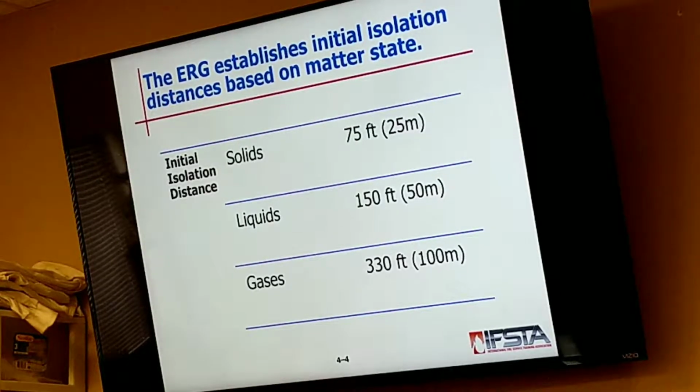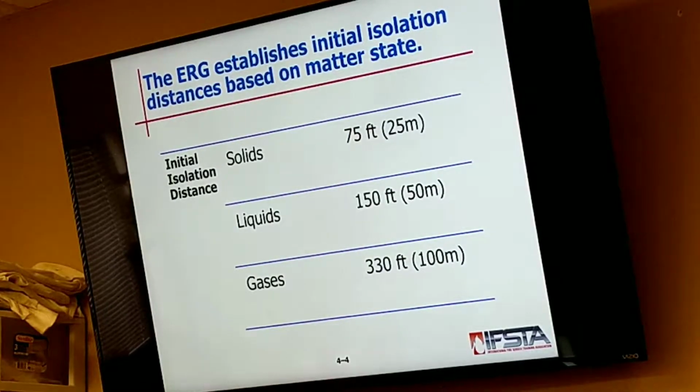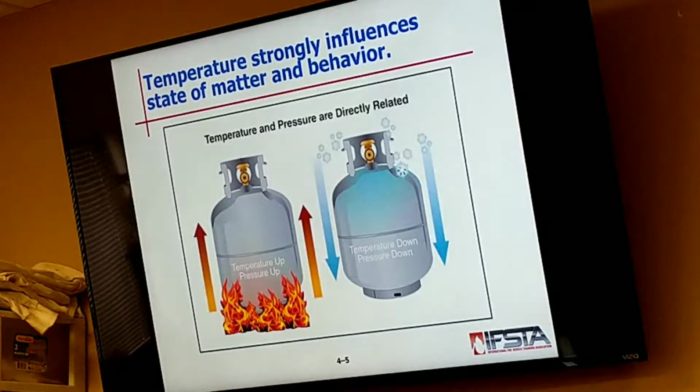One thing to remember: the solids are the least mobile, and the gases have the greatest mobility. Liquids may be mobile, depending on the property of the substance. Substance state may change if the temperature changes.